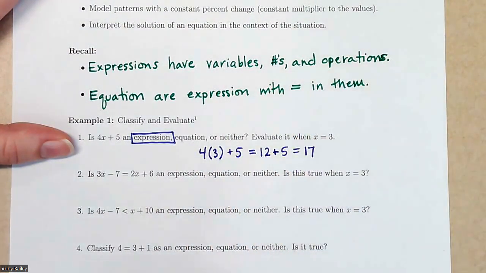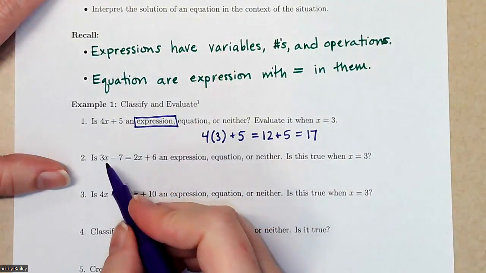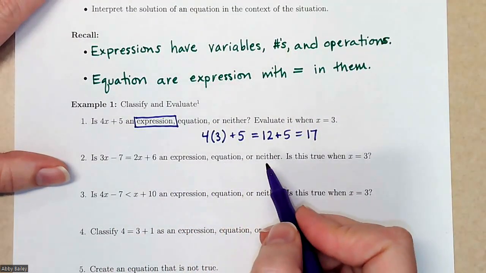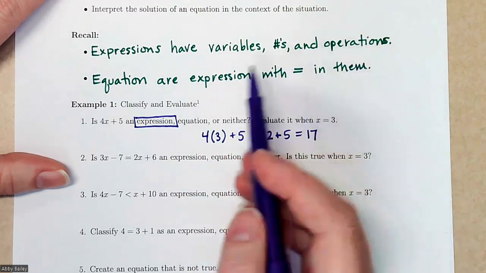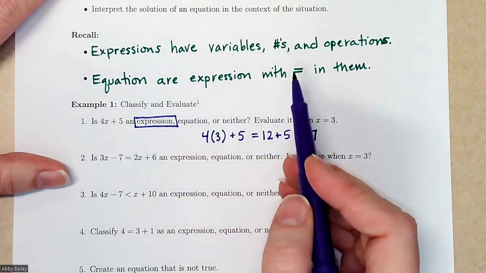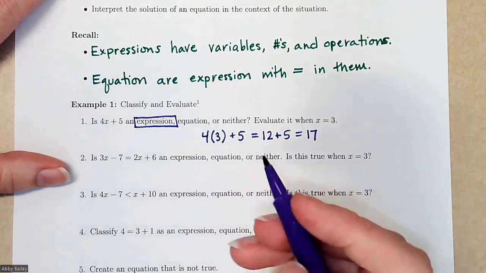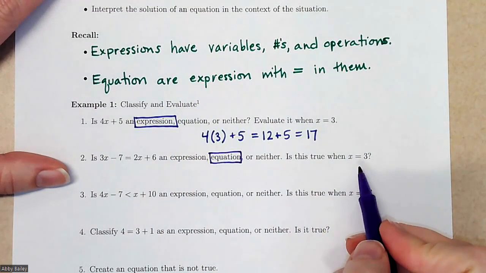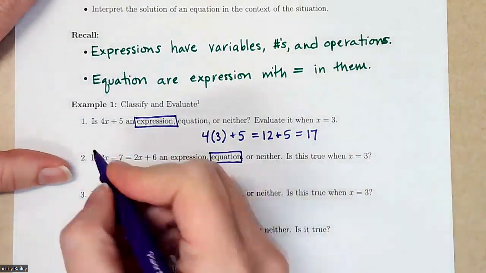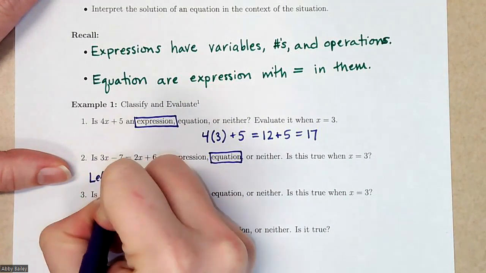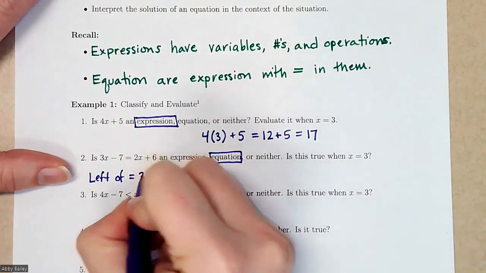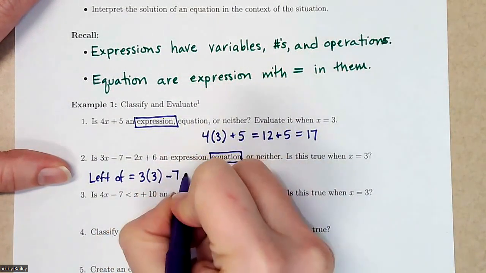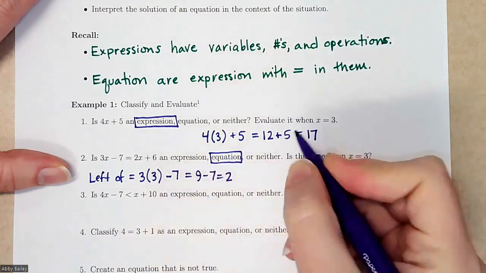So we get 17. Is 3x minus 7 equals 2x plus 6 an expression, equation, or neither? Well, it has variables, numbers, and operations, so it's an expression. And it also has an equals in it, so it is an equation. Is it true when x equals 3? Well, let's figure that out. Left of equals would be 3 times the value of x, which is 3, minus 7, which is 9 take away 7, is 2.